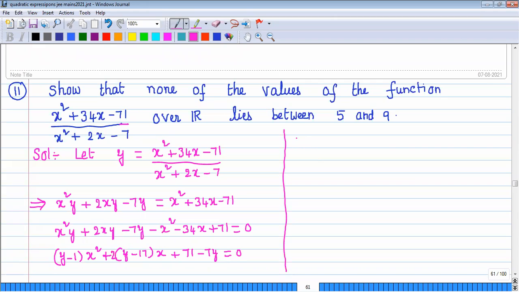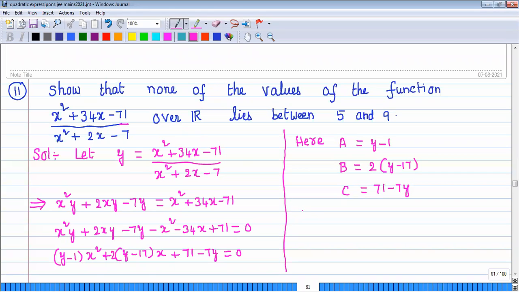So here we have coefficient of x square, say capital A, that is y minus 1. Next, coefficient of x is 2 times y minus 17. C is equal to 71 minus 7y. What is given actually here? X is real.